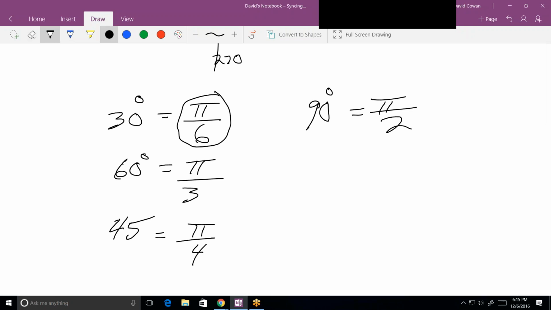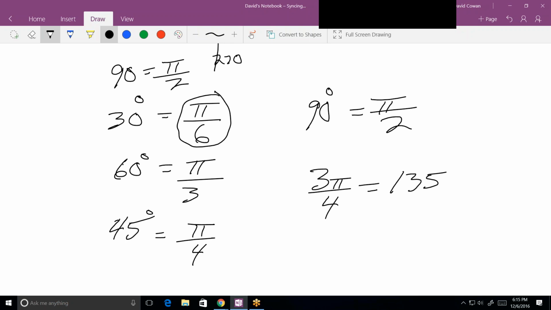So tell me what 3 pi over 4 is using this easy method. If pi over 4 is 45 degrees, what's 3 pi over 4? 135. That's the way to do it, is to memorize these, and you already memorized that 90 is pi over 2.